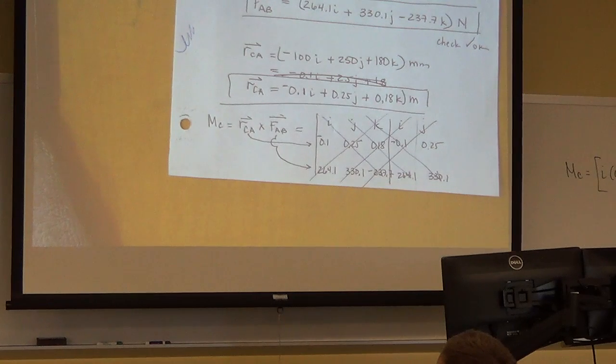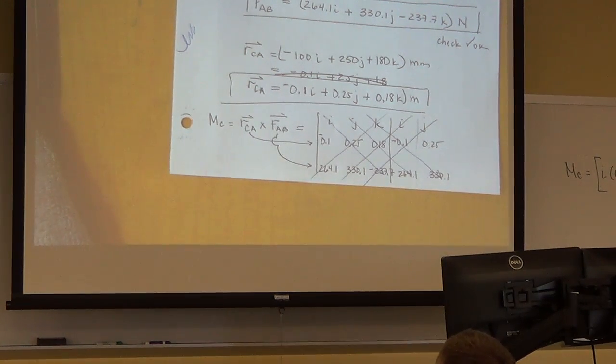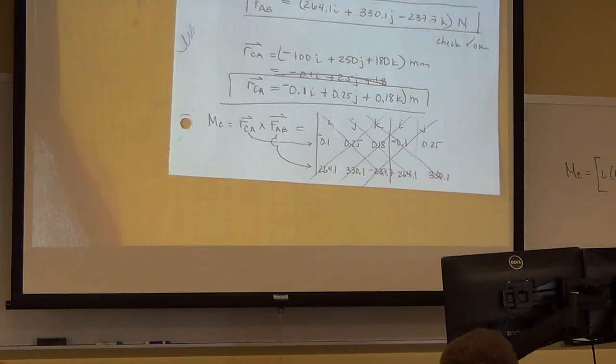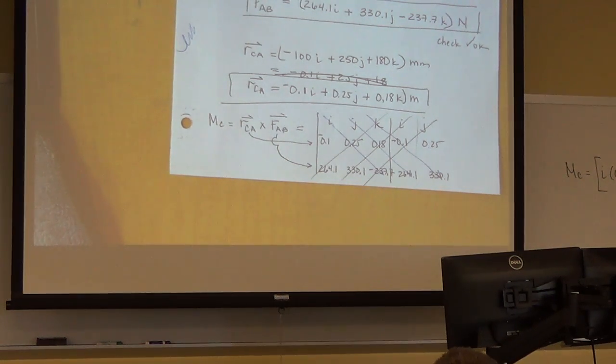The j component, M_C j, should be negative 0.1 times negative 237.7 minus 0.18 times 264.1.